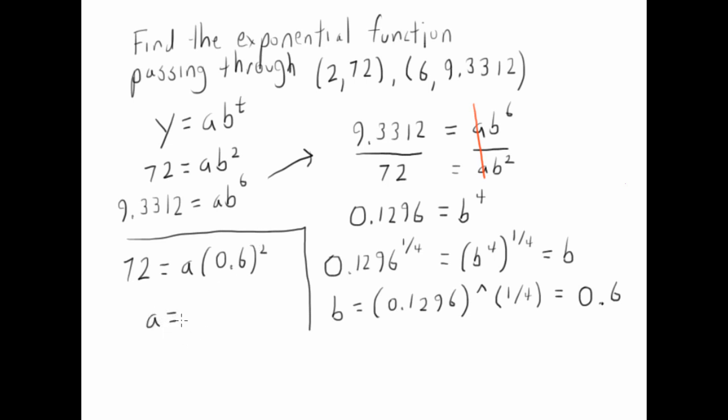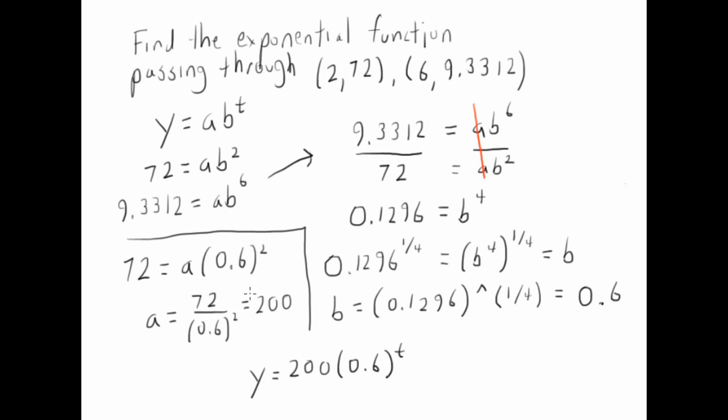So a equals 72 divided by 0.6 squared. And you get 200. So we've got a formula. Y equals 200 times 0.6 to the t.